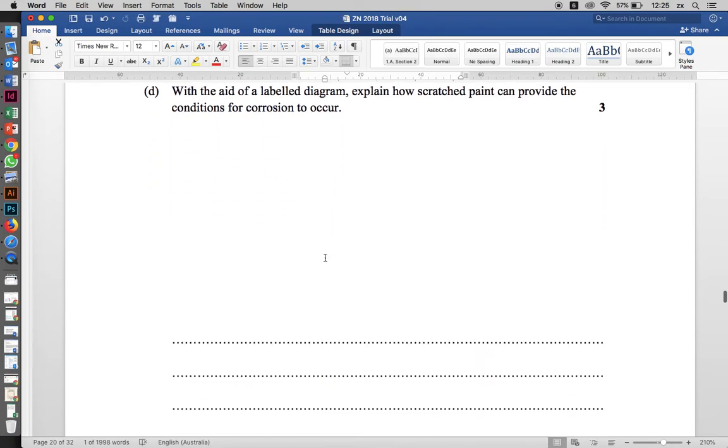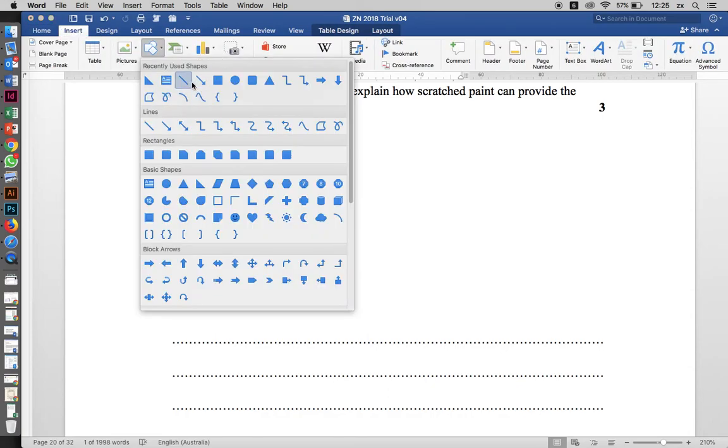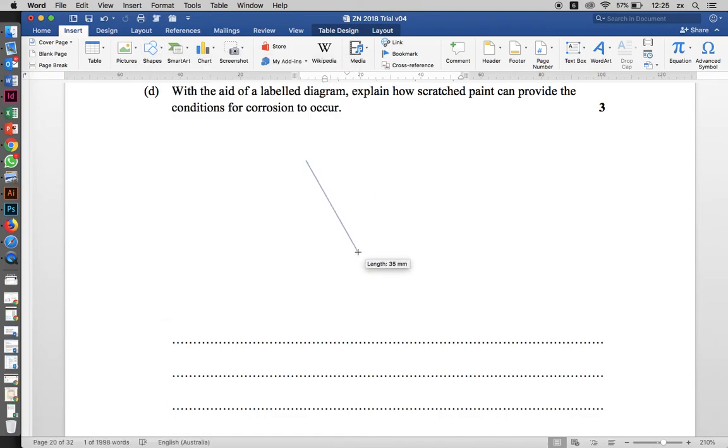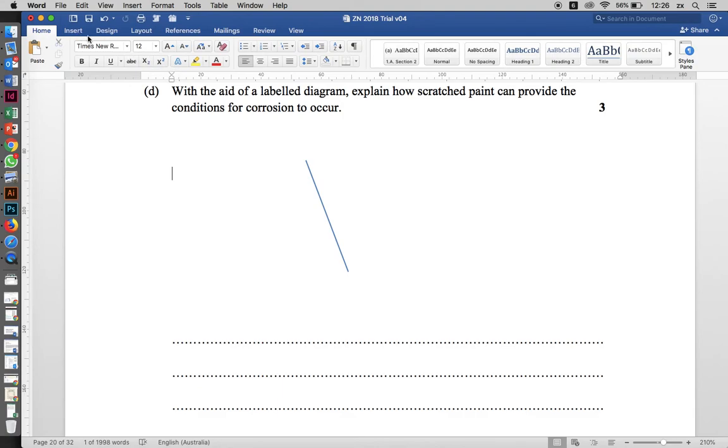Okay. With the aid of a labelled diagram, now I drew this on most of your exams. Again, I'm not going to draw that now. Will I? I can feel that I'm going to... Okay, here's what I would draw. I would draw a line.